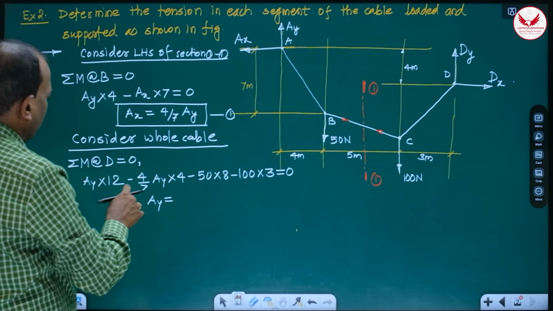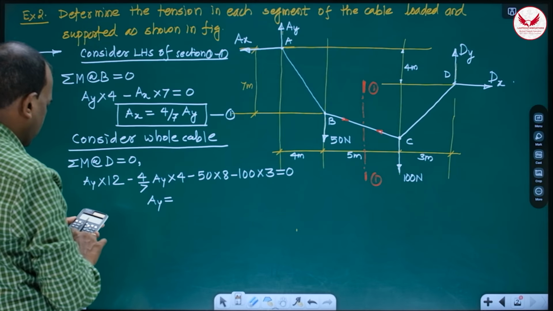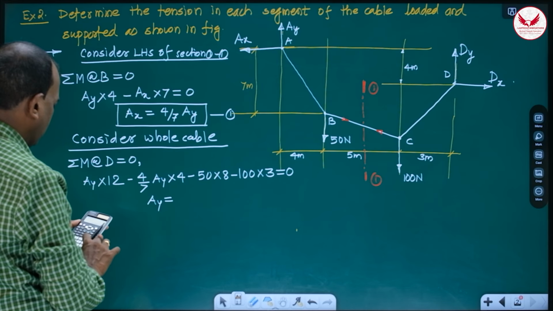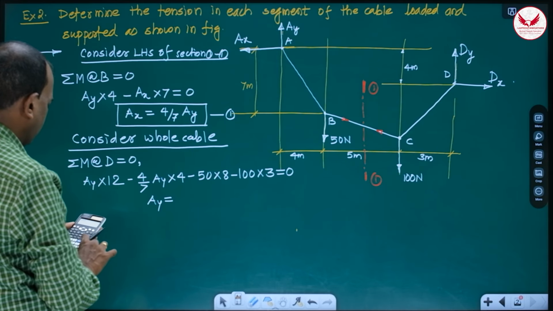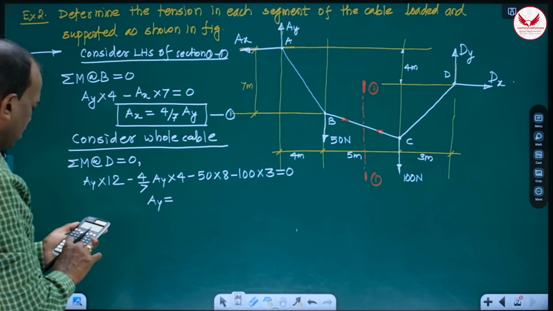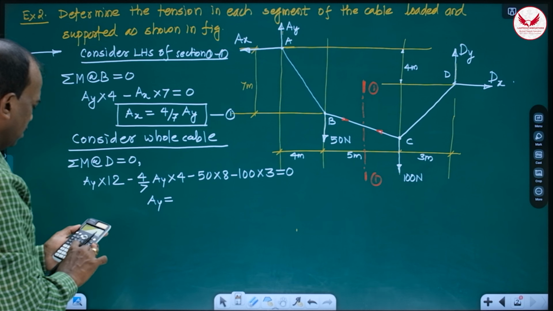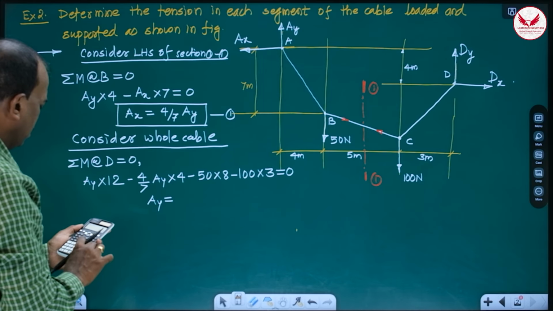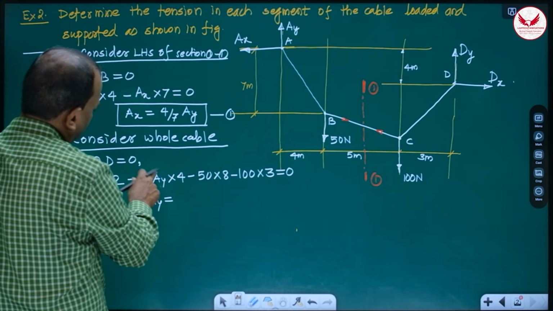It is 16 by 7 plus 16 by 7 minus 12. It is 9.71 AY.